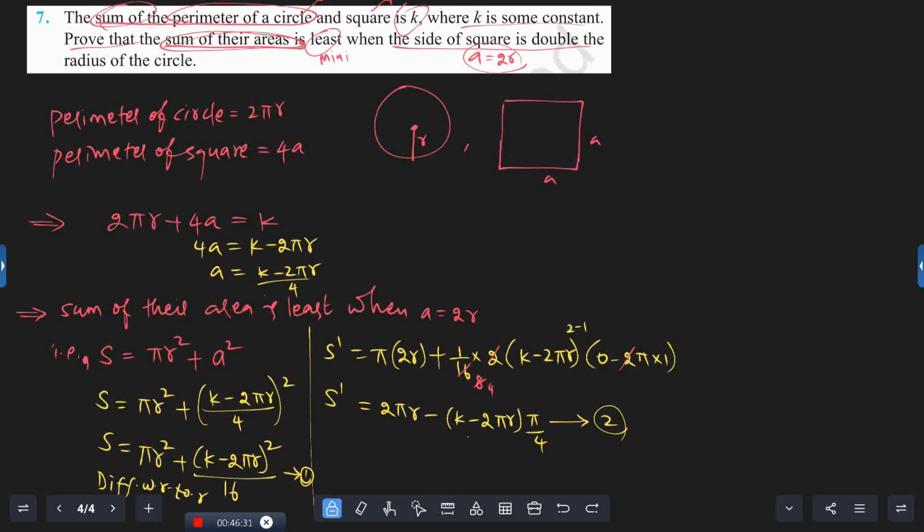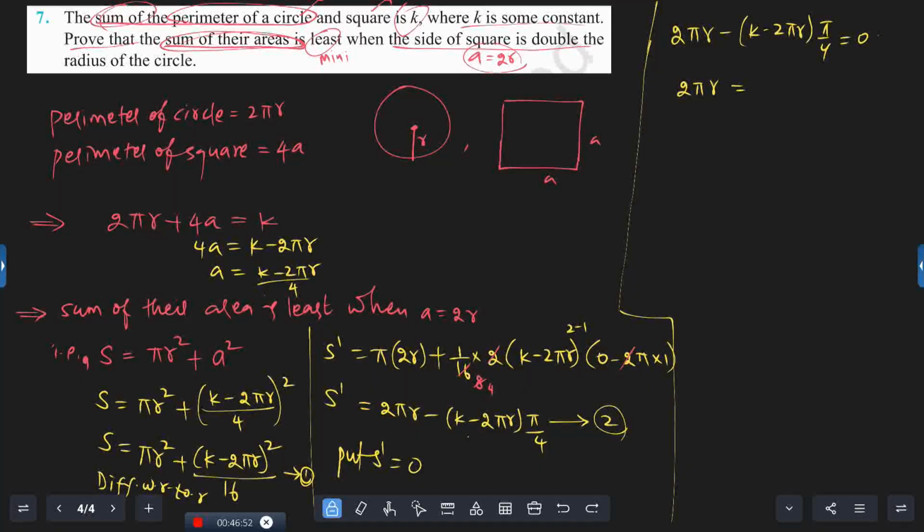Now we have to put it equal to 0. Put S dash equal to 0 to find the radius. So S dash equal to 0: 2 times pi r minus (k minus 2 pi r) into pi by 4 is equal to 0. So 2 pi r is equal to (k minus 2 pi r) into pi by 4, when you send it opposite.